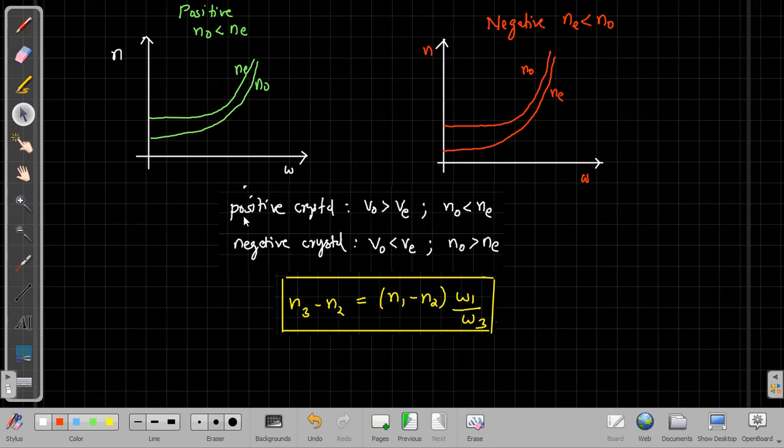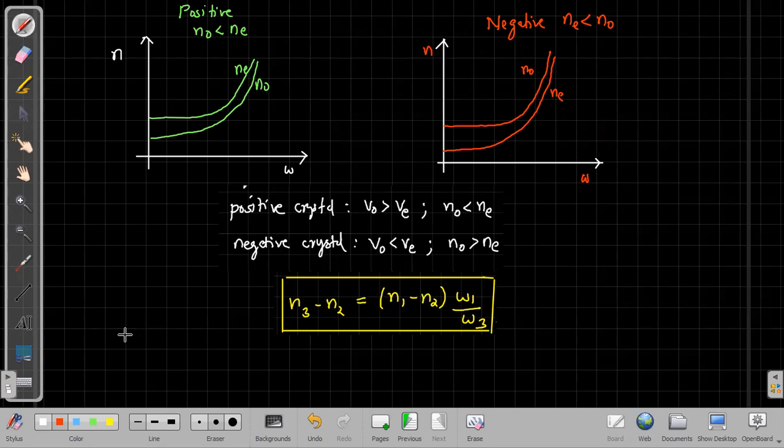If the light is passing through a positive crystal, then omega 3 should be the ordinary ray, because the ordinary ray has the lower refractive index. But if it is passing through a negative crystal, then omega 3 should be the extraordinary ray. Then only we can achieve this condition.